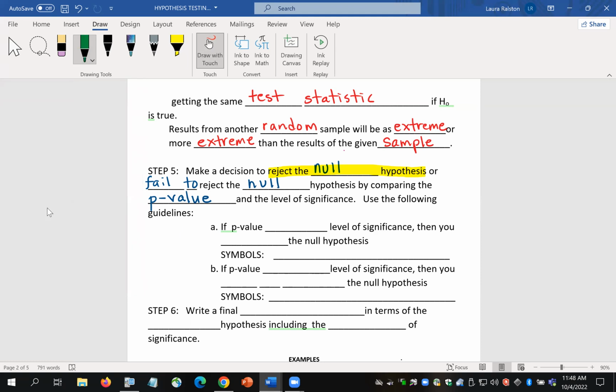So this would be like saying that the person is guilty, because we reject the assumption that they're innocent. So if you reject the null, that's like saying the person is guilty, okay, and our original assumption is wrong, not valid, not reasonable.